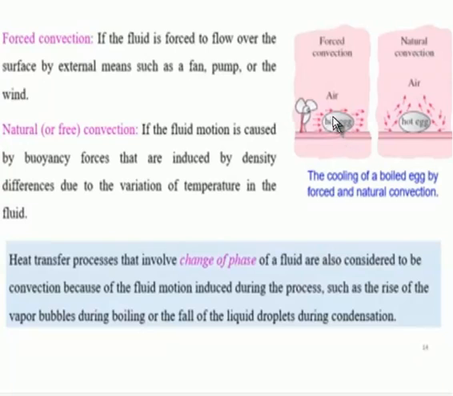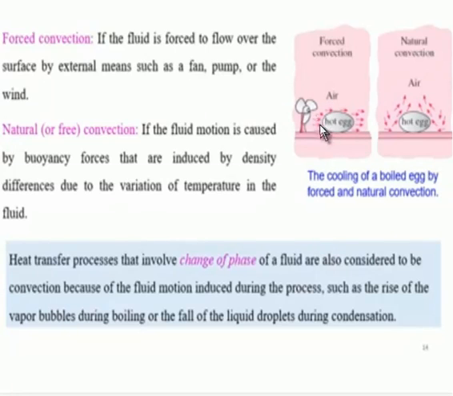You can observe in this figure there is one hot egg, or you can take any solid body that is very hot. Here you can use a fan, and through this fan you can force the air to flow over this hot egg. So we use external devices to force the air to flow over this hot egg.